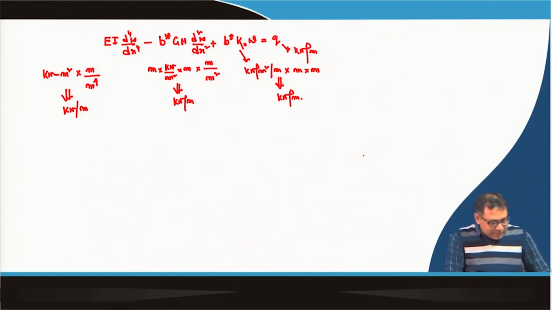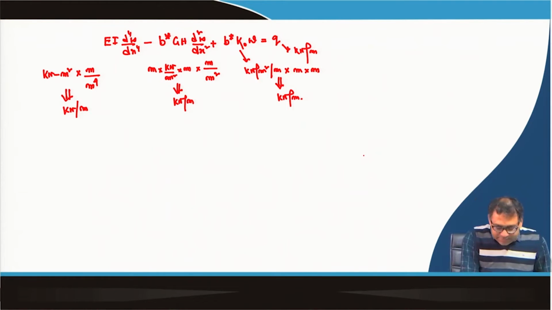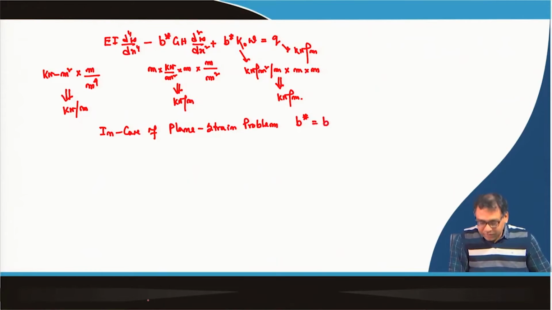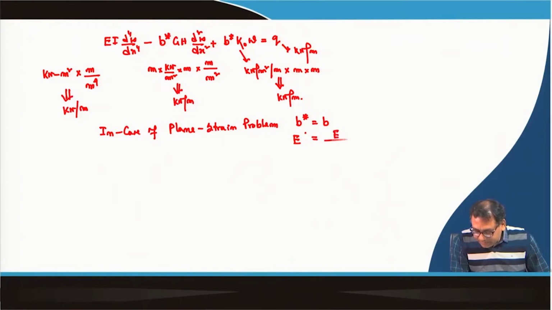So, now this B star condition, that in case of plane strain problem, B star is equal to B, okay, width of the beam, and E should be replaced by E by 1 minus mu B square.